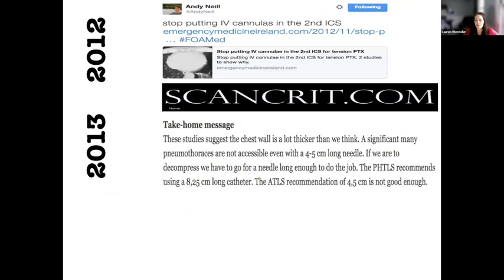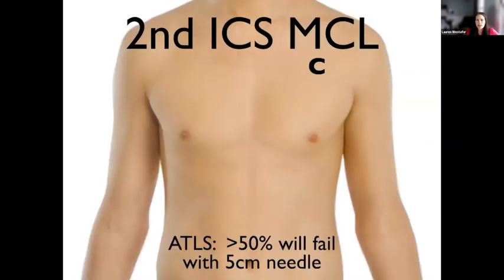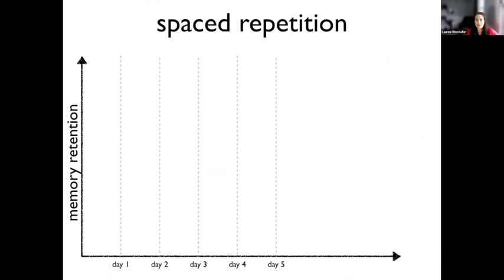In 2013, another blog post reviewed this again, saying you're going to need a really long needle, and even then you might not reach it, because these studies often looked at the chest wall thickness on CT scan and measured it, so it's sort of a proxy. For the second intercostal space, ATLS even says now greater than 50% will fail with a 5-centimeter needle. So you're looking at a long needle and thinking that half the time it still may fail.